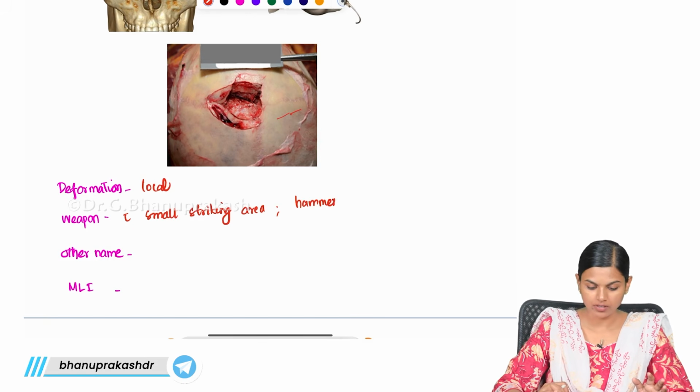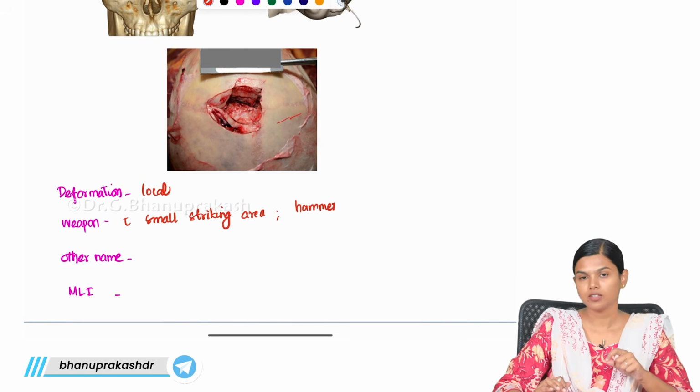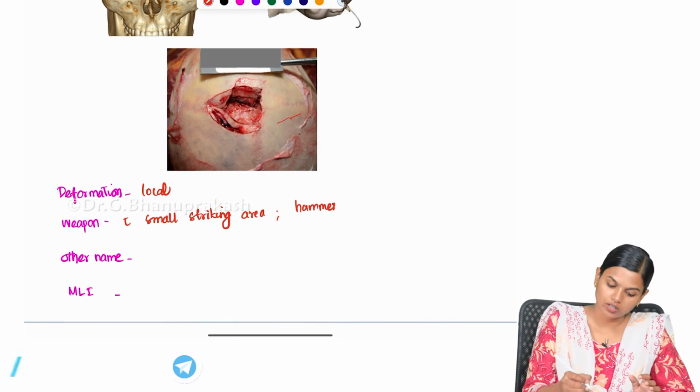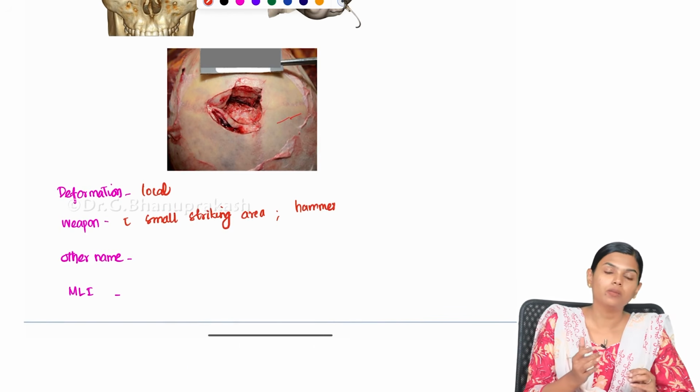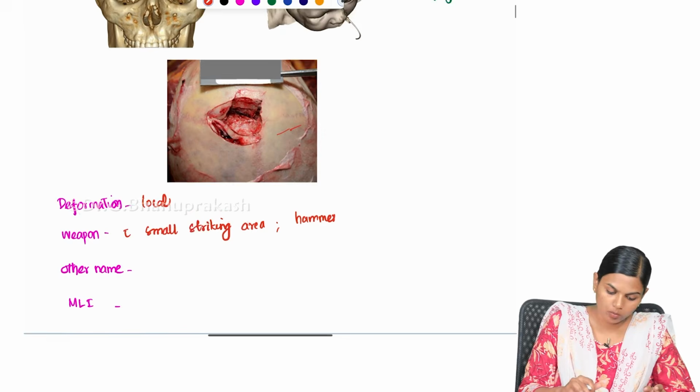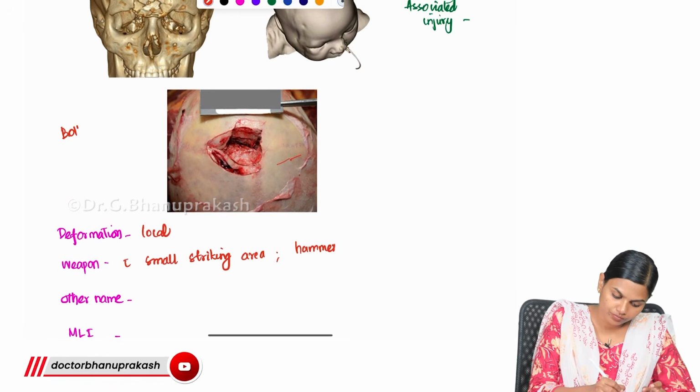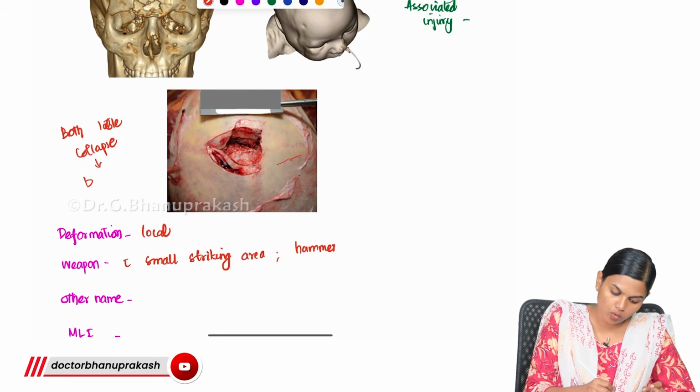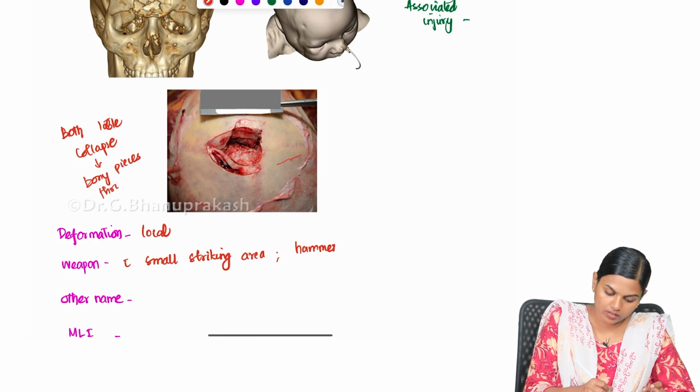So this could have caused that. And what happens is that when this strikes, there will be depression. The inner table and outer table both will collapse, and the bony pieces will be driven through into the brain.